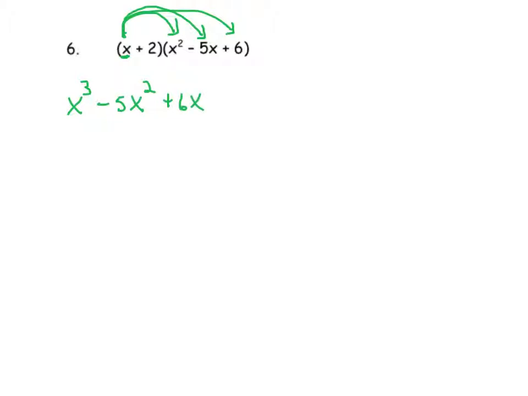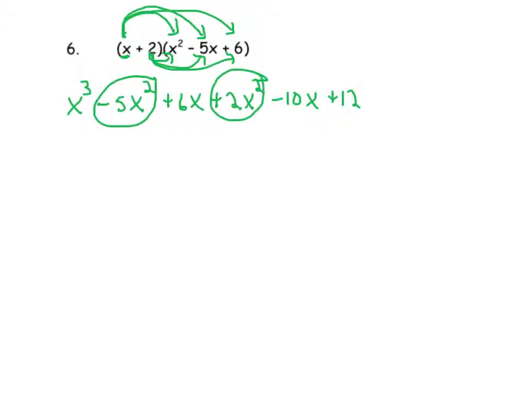Then you could take the 2 now and multiply the 2 times everything. So you get 2x squared. And then 2 times negative 5 is negative 10x. And then 2 times 6, which is 12. And now you combine like terms. And you'll notice you have a negative 5x squared and a 2x squared.